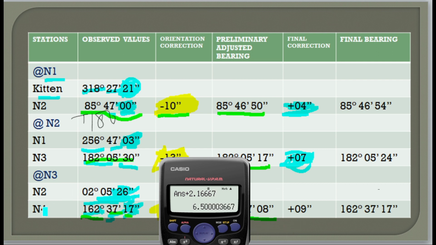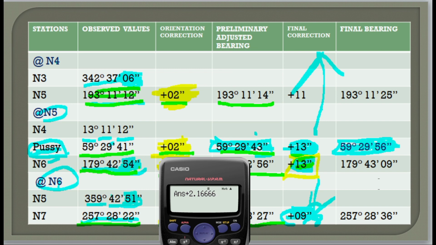You do the same for the final correction there, positive 9. Then you add again, we get a positive 11, and we add the same in order to prove if our final orientation was right. That becomes 13 when rounded off.